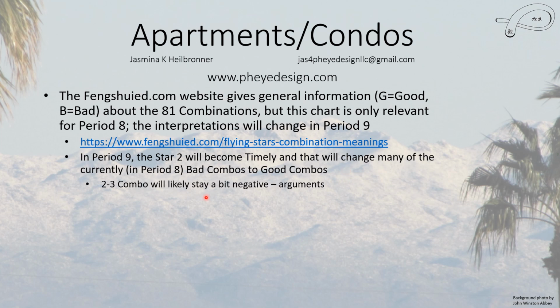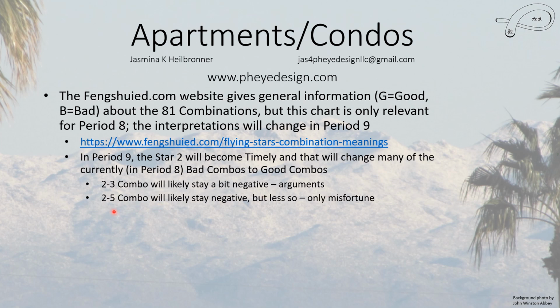Now I do think that 2-3 will likely stay at least a bit negative. It usually is said to lead to arguments. I haven't really found that in my life, but it will probably lessen the strength of the arguments because 2 will become a lot more positive.